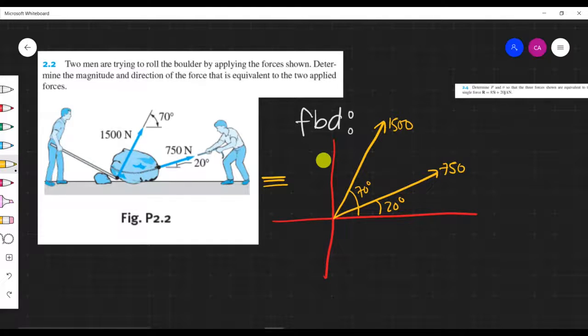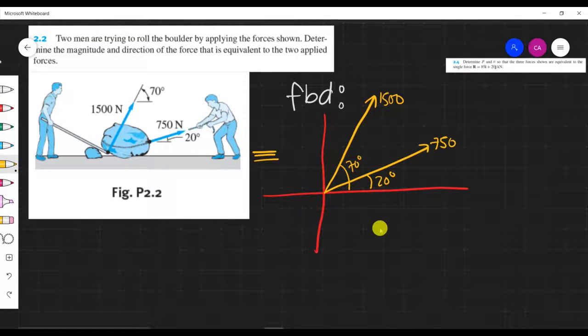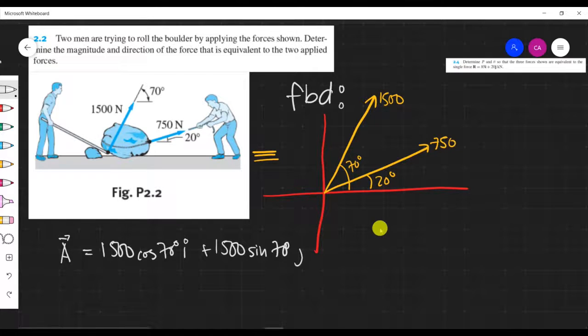Now, since siya ay naging free body diagram, at since siya ay na-simplify na natin, so, ang gagawin natin dyan ay, syempre, the usual thing na ginagawa natin is to convert them to vector form. So, tawagin natin vector A will be, so 1,500 cosine 70 degree i plus 1,500 sine 70 degree j.